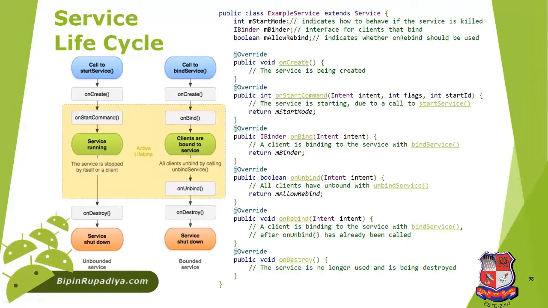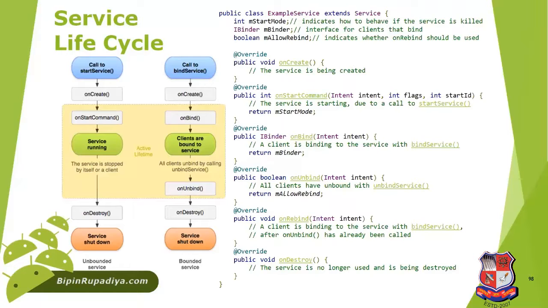In the case of unbound service, onStartCommand is called. Before onStartCommand was introduced, there was a method known as onStart, but that is deprecated. Now onStartCommand is there, then the service goes into the running state, and after that one common method is there, onDestroy, and then the service will shut down.